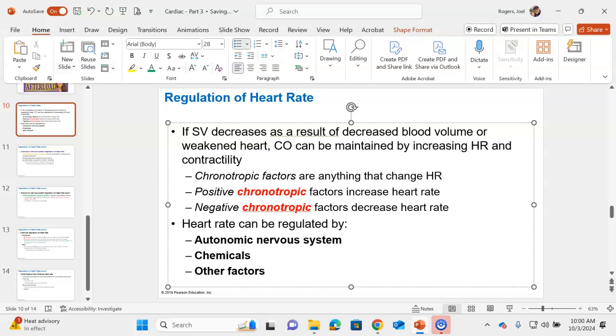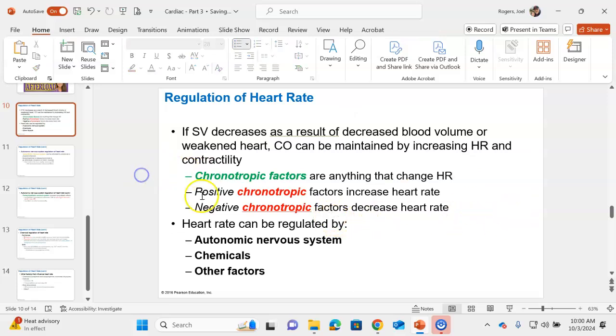A positive chronotropic factor, or positive chronotropic agent, or positive chronotrope, is anything that makes heart rate go up. A negative chronotrope or chronotropic factor is anything that makes heart rate go down. Things like the autonomic nervous system, chemicals, and other factors which we'll get to.